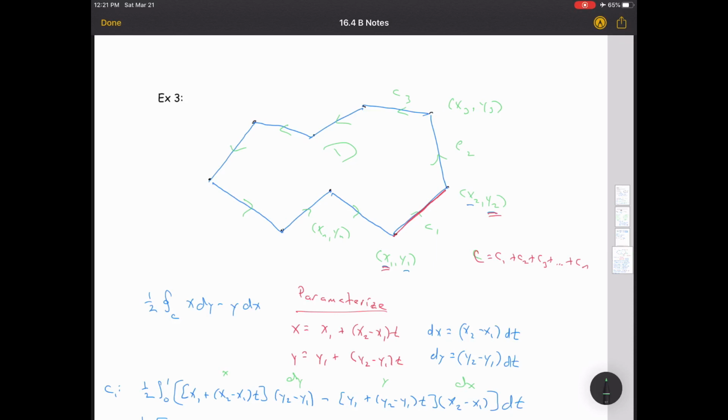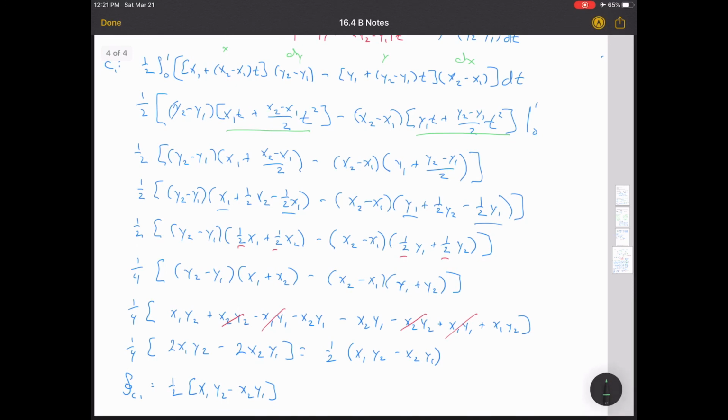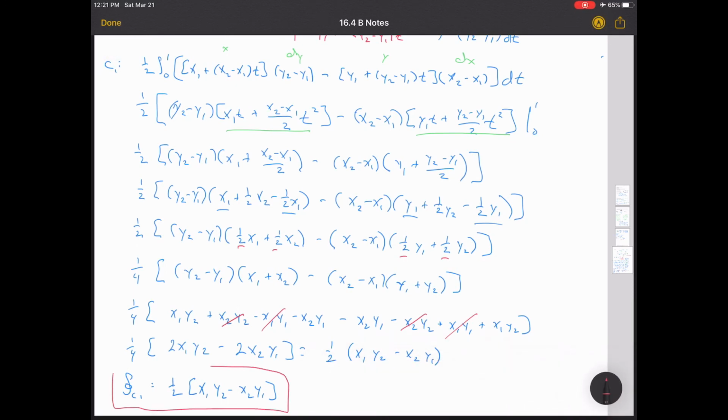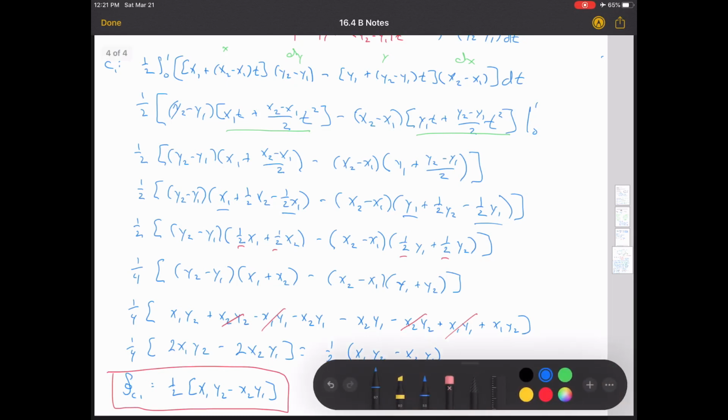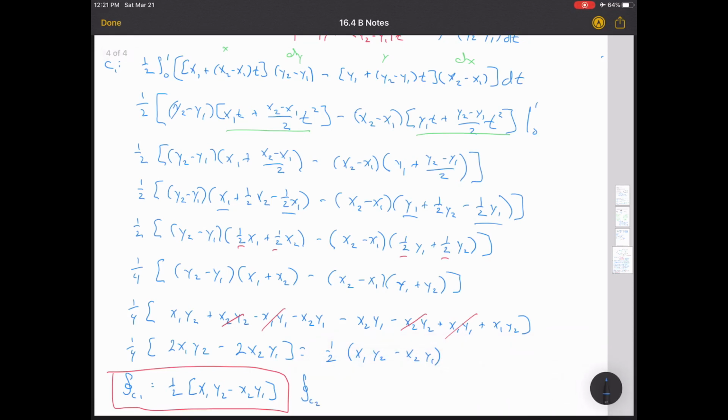Now, do you have to do this entire integral every single time? No. The whole point is what I just developed for you guys, is that this is what you would get for C1. So if I wanted to do C2, line integral over C2 would be 1/2 of x2, y3 minus x3, y2.